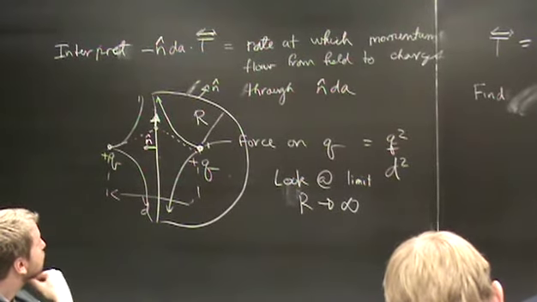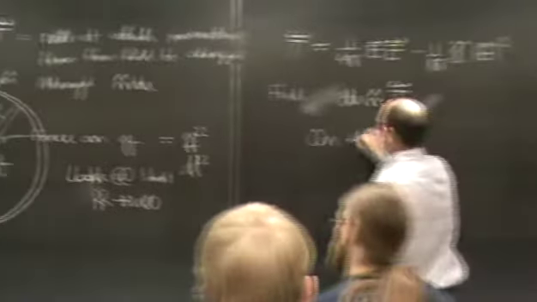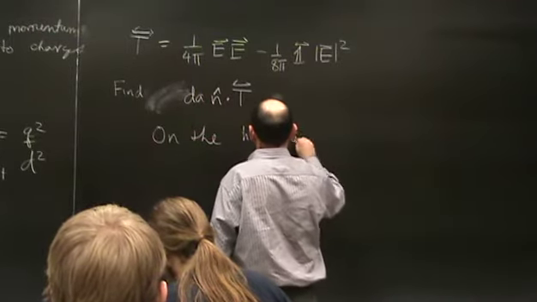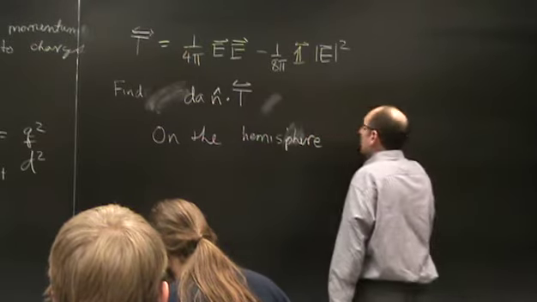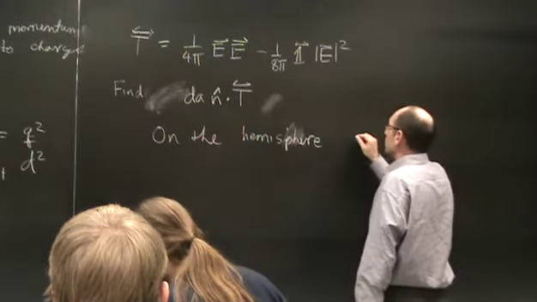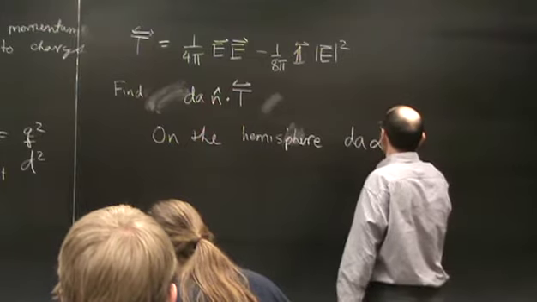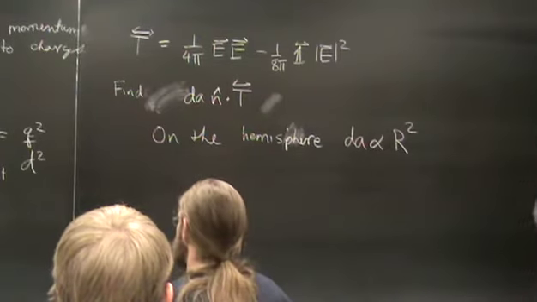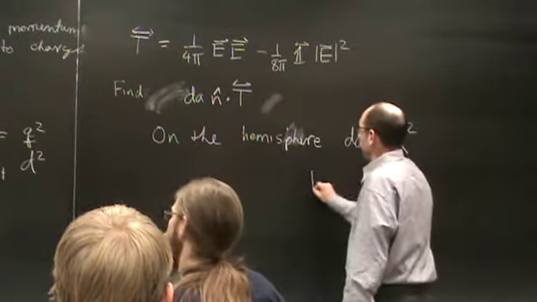Now, first of all, what we notice here is that on the hemisphere, dA scales like r squared, right? But what about the electric field, the tensor?